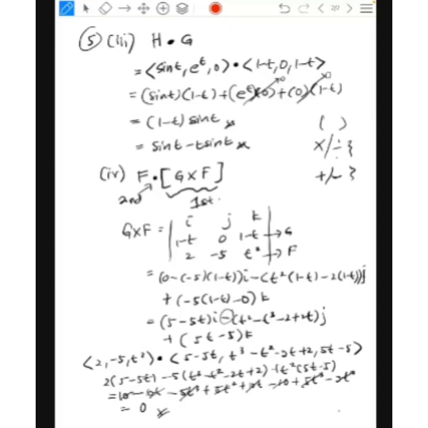Okay, let's look into 2.2. Okay, so here you have a circle, and a circle of radius 2. And then it goes counterclockwise because cos and sine. So I just repeat back.